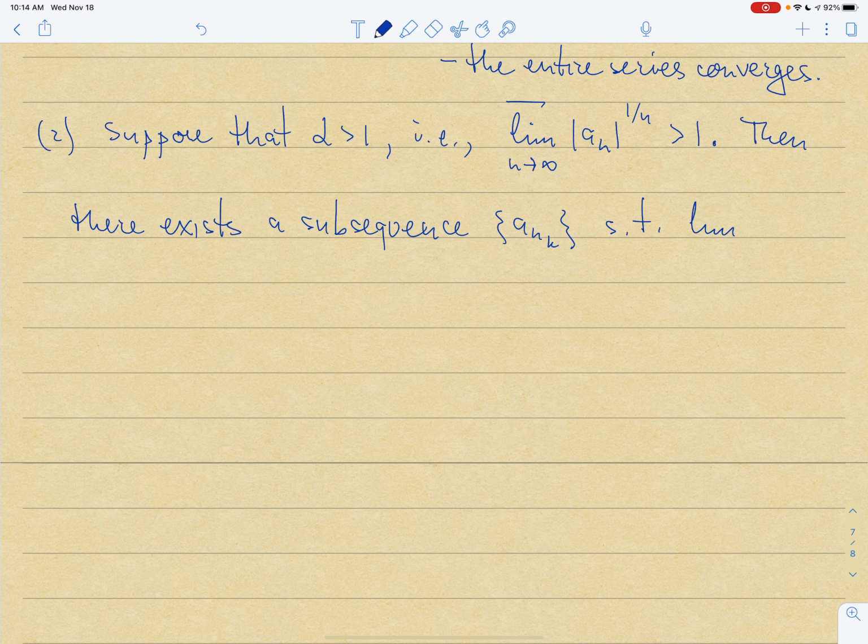the limit as k goes to infinity of |a_{n_k}| to the power 1 over n_k is equal to alpha, which is still greater than 1, right? Okay, so then if I have a sequence which converges to a number which is strictly greater than 1, we proved this before in different contexts.